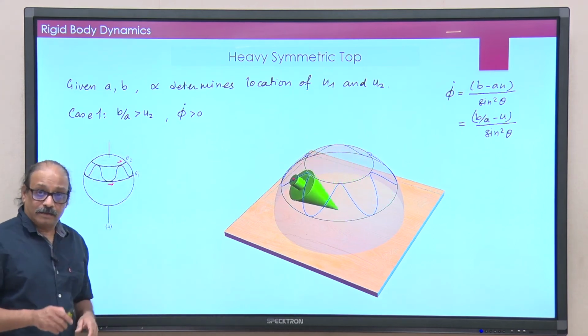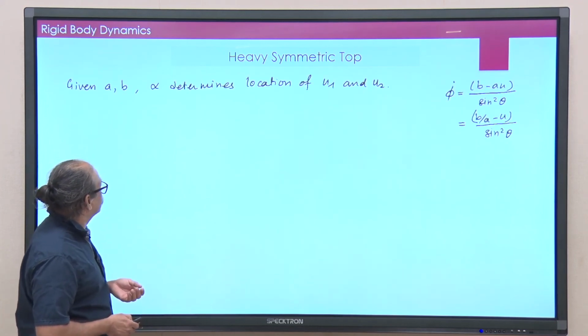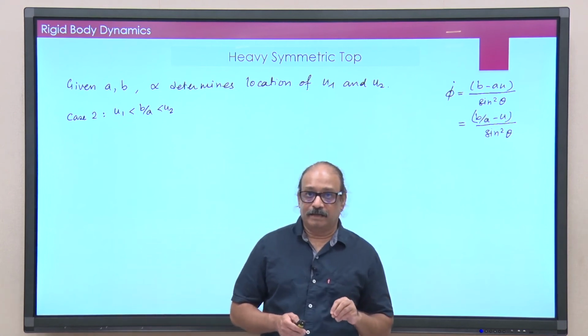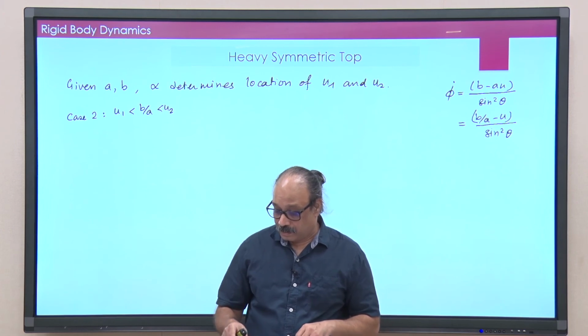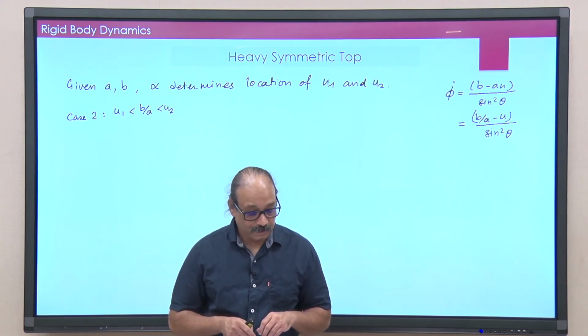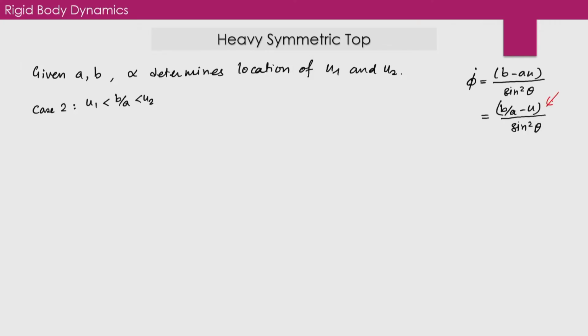Now, go to the second case. What will happen in the second case? In the second case, suppose B by A lies between u1 and u2. Okay. Now, see what happens. If I substitute u2 in the expression of phi dot here, then I get a negative phi dot, and if I substitute u1 there, then I get positive phi dot.